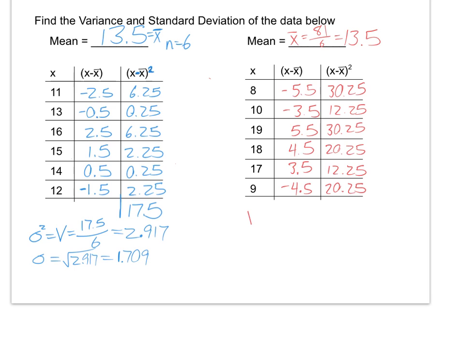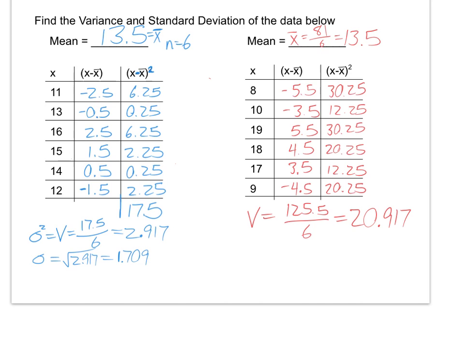So our variance is the mean of these scores. We've got 125.5 divided by 6, and that is 20.917.